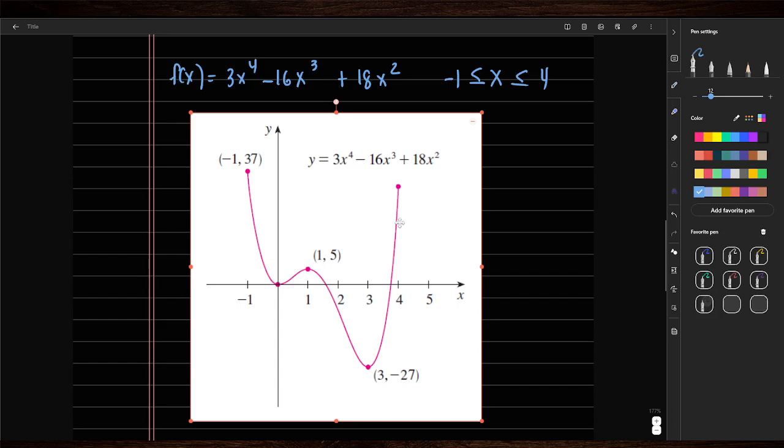As we cut through the value at -1, it is the highest value we could get from the given interval. So given this interval and this curve, what is your absolute maximum? It is at -1, where we get the value of 37. But at x equals 1, it is the local maximum, as you can see in the graph.